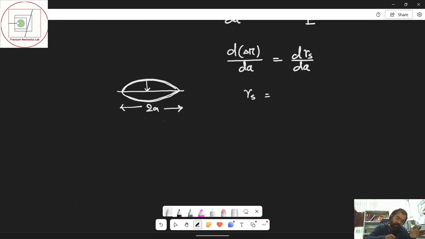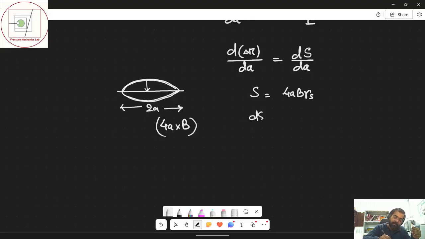So you will have 4a into b as the area of the surface which is created. So this becomes 4ab gamma s, where gamma s is the specific surface energy. Let me write this as capital S.